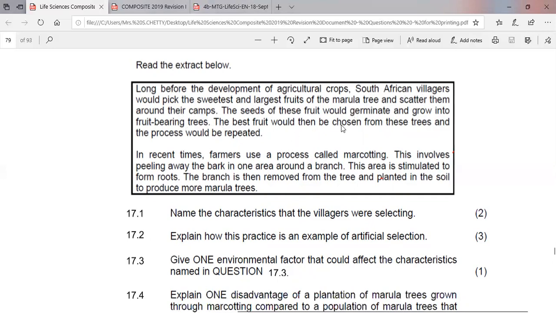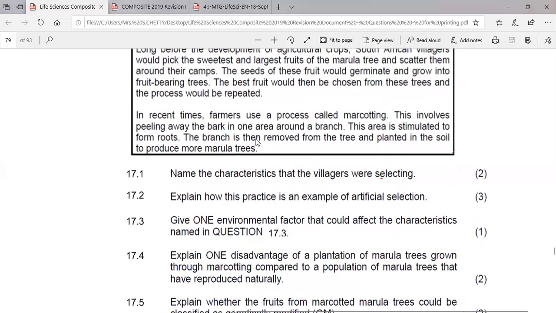The best fruit would then be chosen from these trees and the process would be repeated. In recent times, farmers use a process called marcotting. Now, when children read this, they think, oh my God, my teacher didn't tell me about marcotting. Whenever there is a brand new term introduced to you, babies, they will always explain it to you. So don't ever be scared.